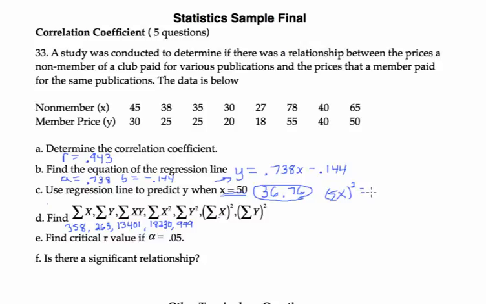So we know that the sum of the x's is 358, so we do 358 squared. And similarly for the sum of the y's, squared: you find the sum of the y's first, 263, and then you square that value.